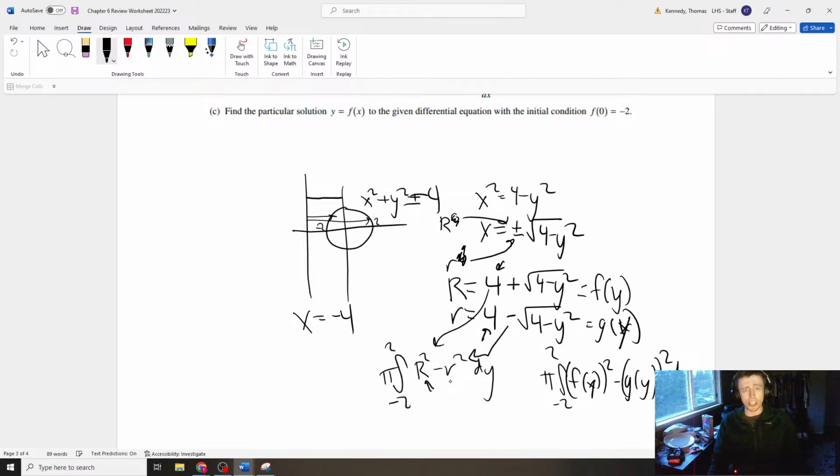This would be legit. If you said that f of y is this and g of y is this, then that would be something that is allowed. Hopefully that clears up what was being said.